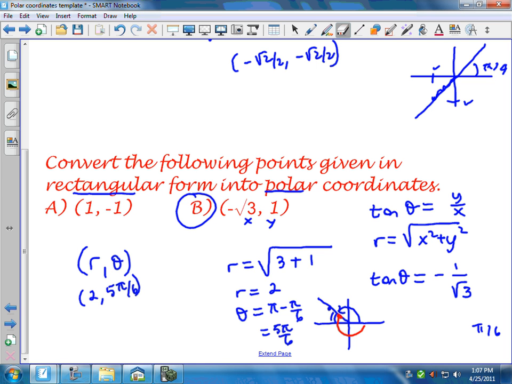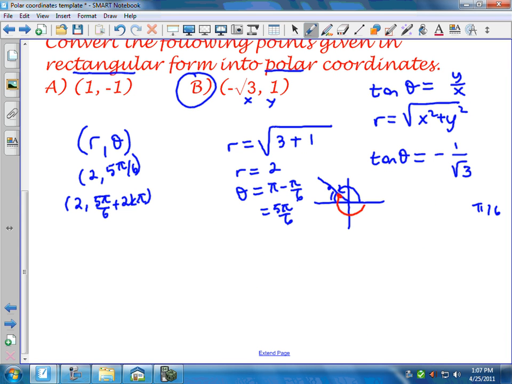Okay, so I want all possible representations of this point. So one way to write it would be 2 comma 5 pi over 6 plus 2k pi. So you go around the circle. Every time you go around, you come to the same point. And I also want to represent it with a negative r. So let's say negative 2 comma.